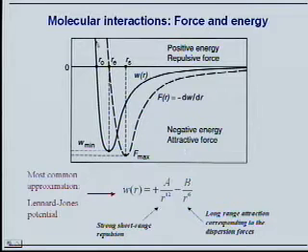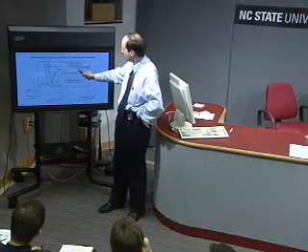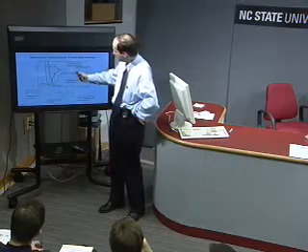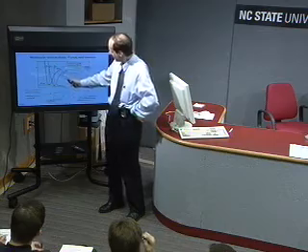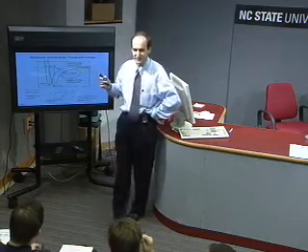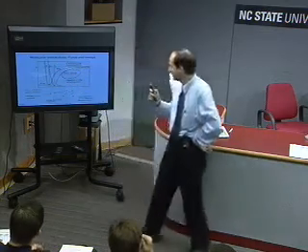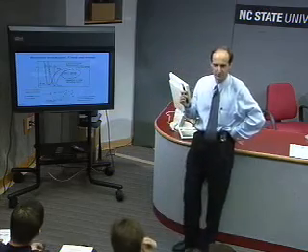This is a typical energy curve for interaction between molecules. This is a typical force curve for interaction between the molecules, and the relation between them, this is very important, is given here. The force is the negative derivative of the energy with respect to the distance.